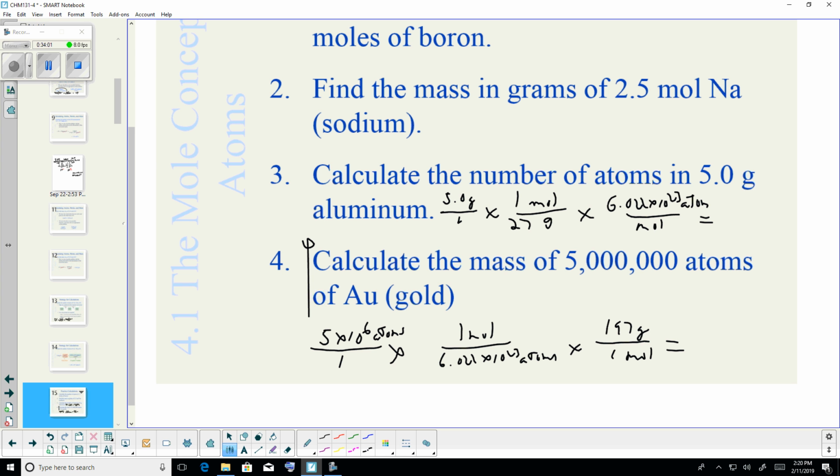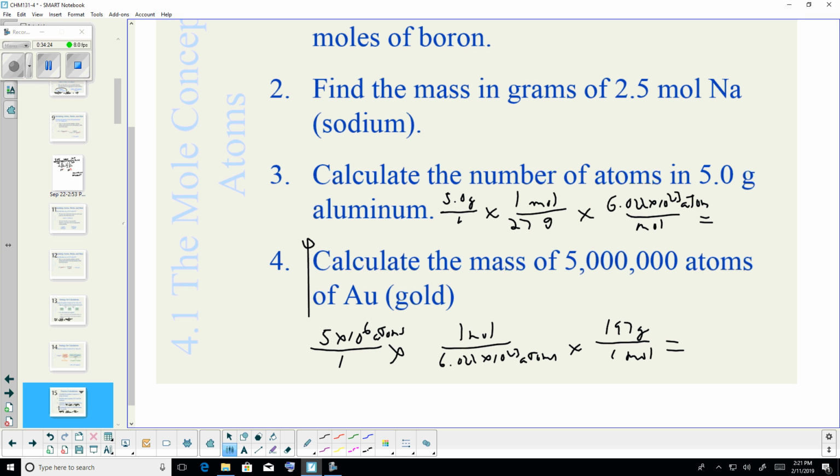Divide that by 6.022 times 10 to the 23rd. That gives 1.6 times 10 to the minus 15th.